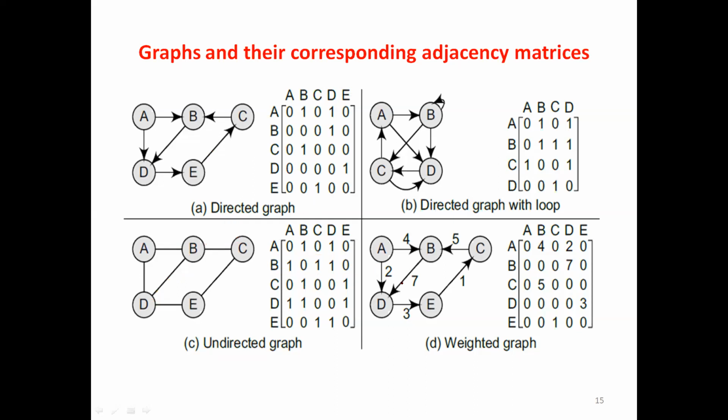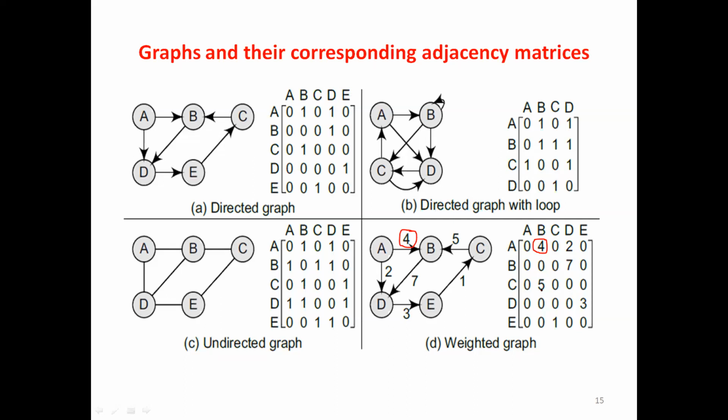And look at this weighted graph. This is a directed weighted graph. Instead of 1, we are using weights. For example, if I want to reach from A to B, I need some distance, which is 4, some kilometers or something else.